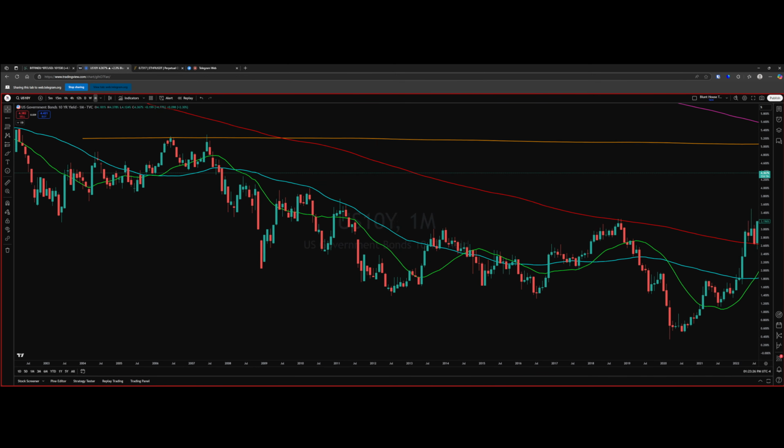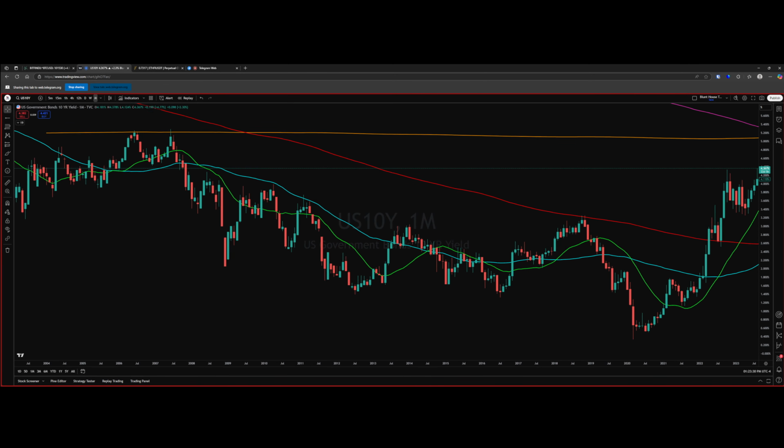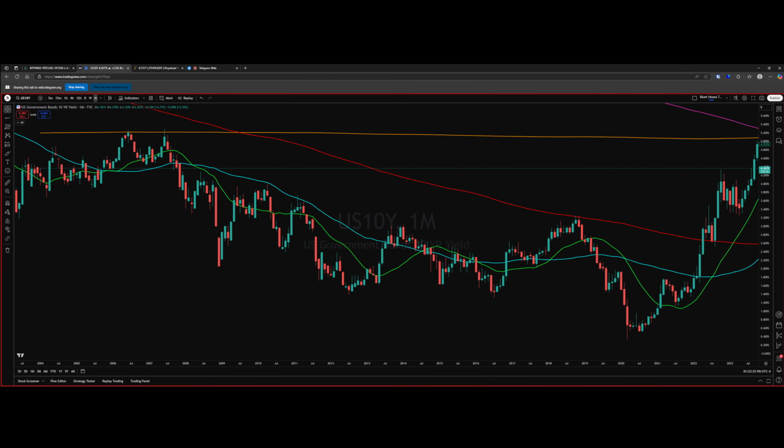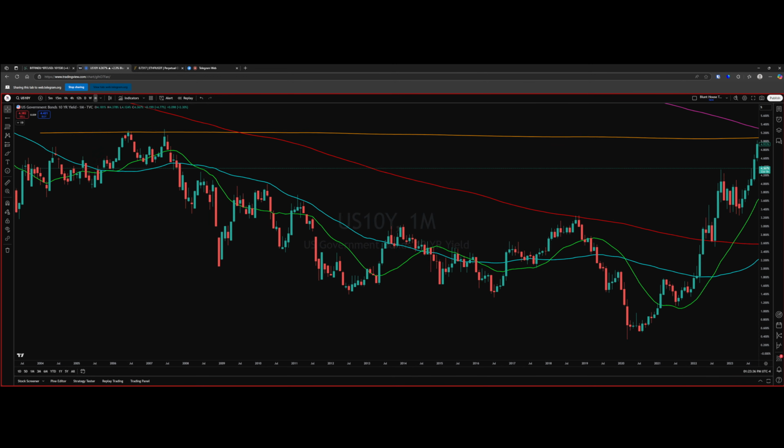Current price looks for past. I don't care how long it's been since you've seen it, but current price looks for past. There you go, 5%. Why did we think it was going to go there? Because if you were to break one level and find the next, it was 5%.